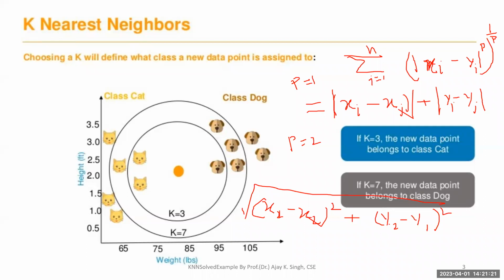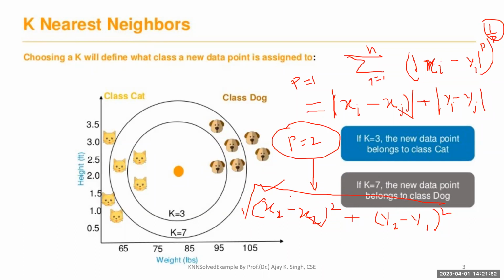So this is the Euclidean distance. In Minkowski, if I put the value of p as 2, it becomes this Euclidean distance. The power 1 by 2 is nothing but the square root, and p is 2, so it is the square. By using this particular formula, we are able to solve the problem.